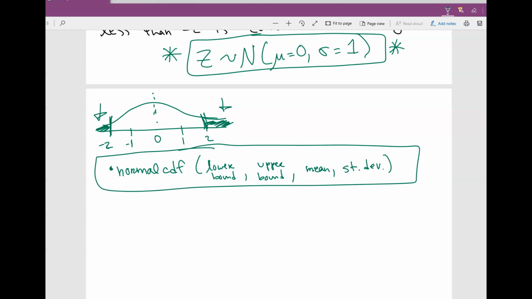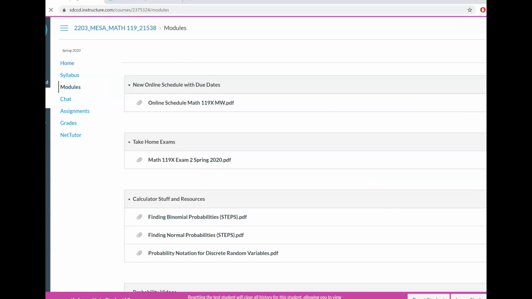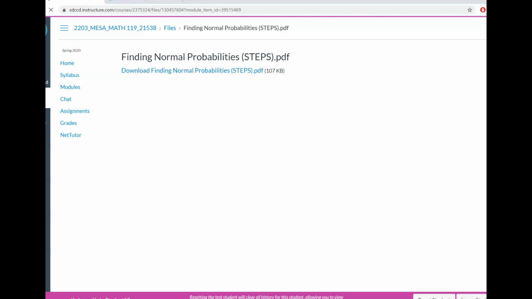Well, if you go back to Canvas, so here's Canvas, and if you click on the module section and go to finding normal probabilities, the steps, let's go ahead and click on that and download it.